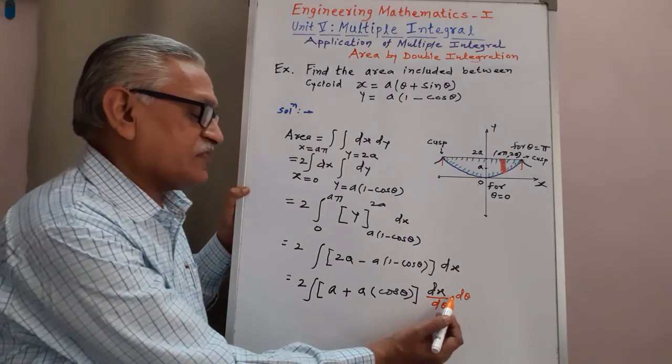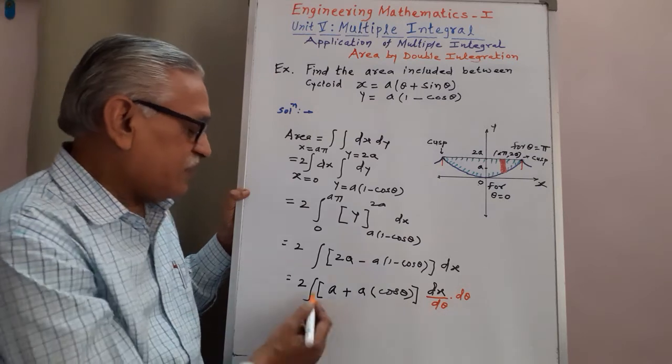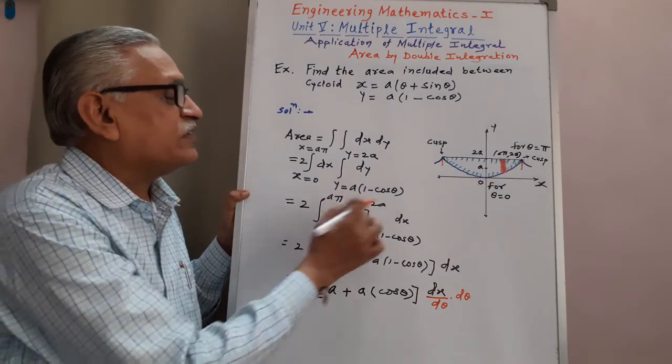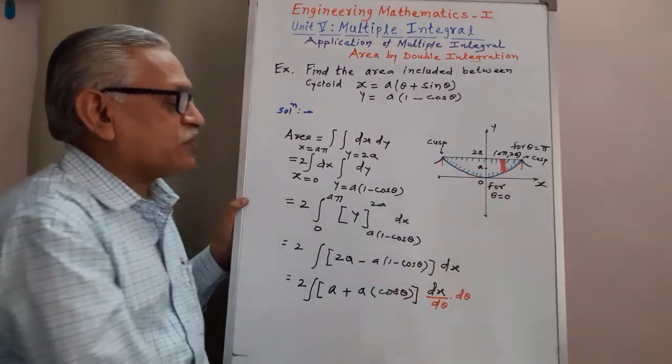As the new integration is with respect to theta, we have to see the limits in terms of theta for these 2 points. When x is 0, we get that point for theta equal to 0.